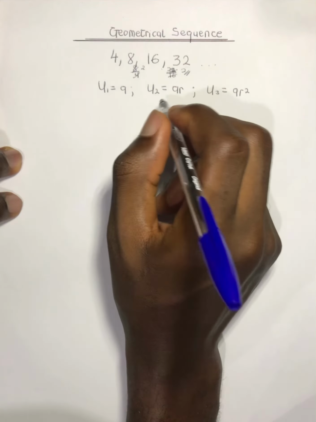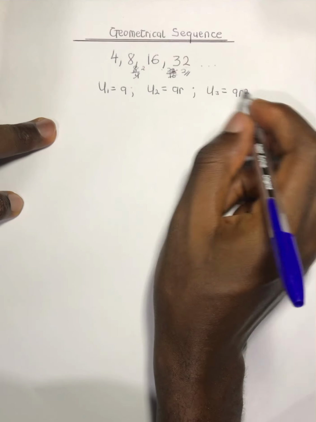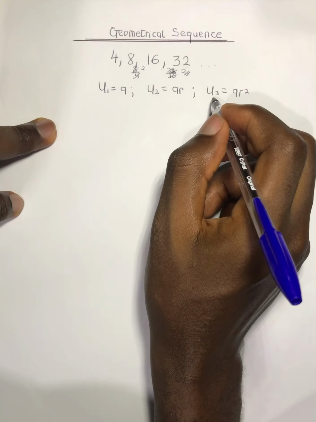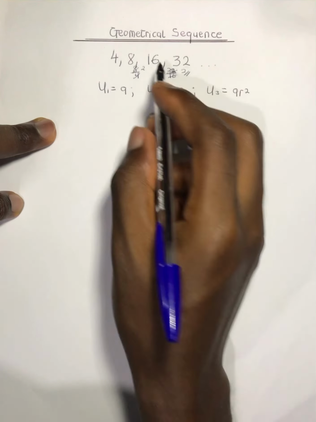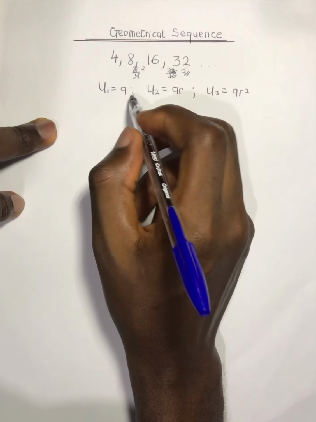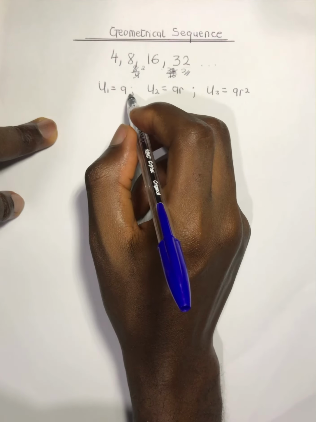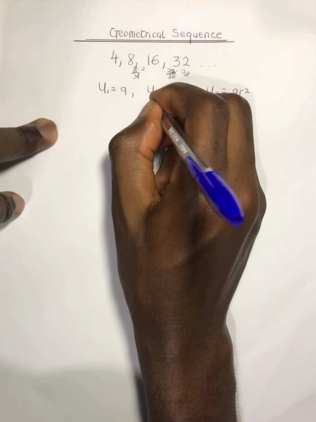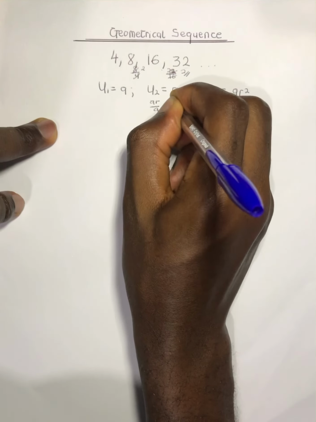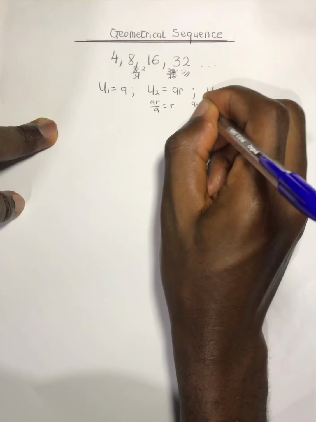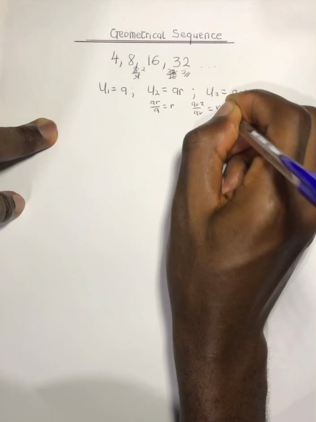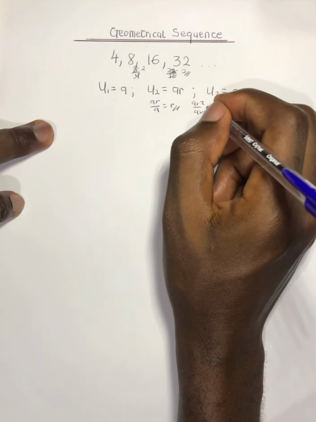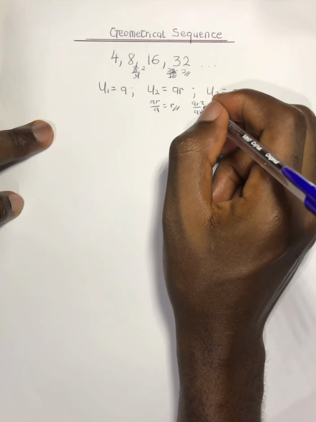Before then, it is clear that the common ratio in each of them is R, since taking a term and dividing by its preceding term, we obtain R. So AR divided by A, we obtain R. AR squared divided by AR, we also obtain R. Therefore, R is our common ratio.